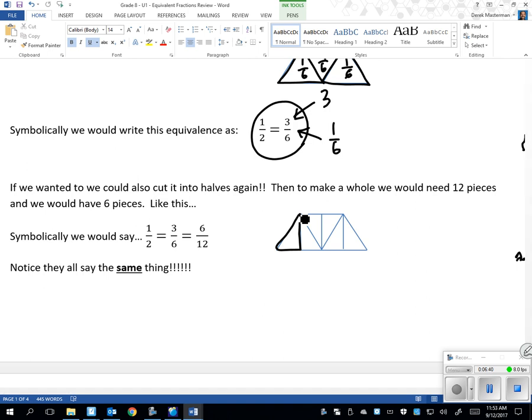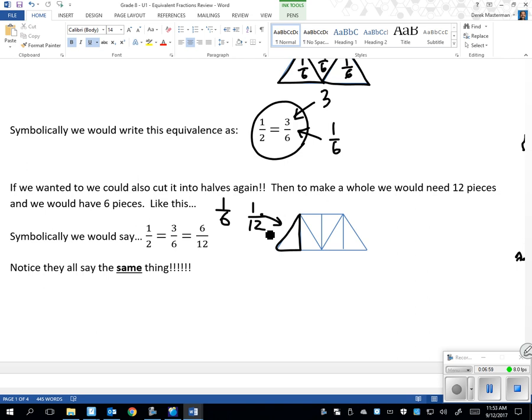So I could take the 1/6, cut it in half, and I create pieces that look like 1/12. I'm changing the denominator because I'm changing what the pieces look like. I'm changing how many pieces make a whole. Once we practice this, you'll be like, oh yeah, Kat, I know what's going on for sure.